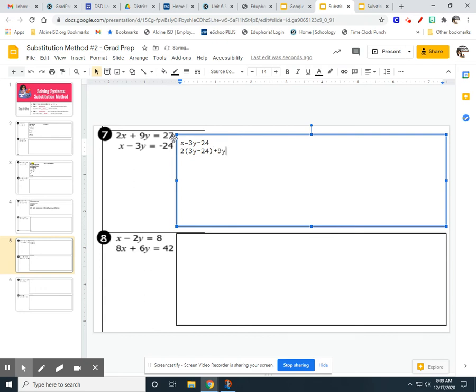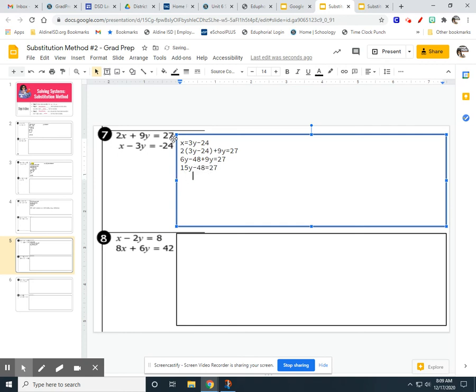Plus 9y is equal to 27. Make sure you distribute, so it's going to be 6y minus 24 times 2 is 48. Plus 9y equals 27. We're going to add the 6y and the 9y. That's going to give you 15y minus 48 equals 27.